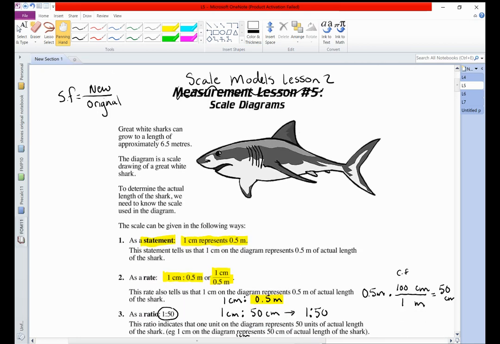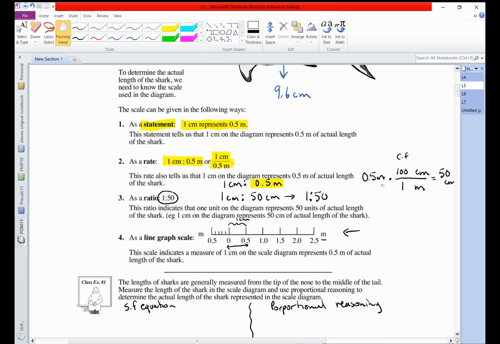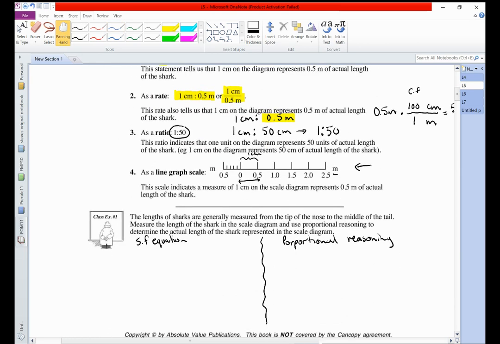And we measure the shark from the tip of the nose to the middle of the tail. We'll pretend I have a ruler. I have the answer key, so I know that that will represent 9.6 centimeters. I'm going to skip actually measuring it. You wouldn't be able to see me do that anyways.